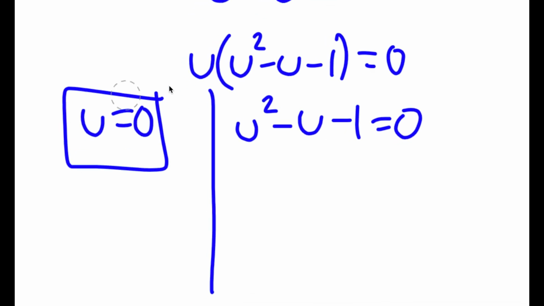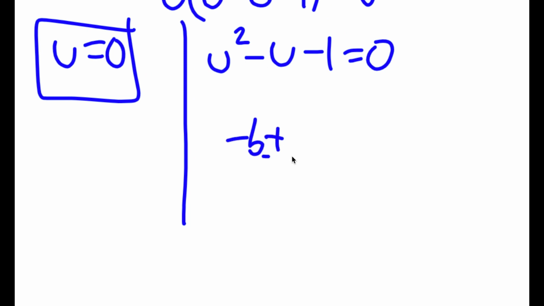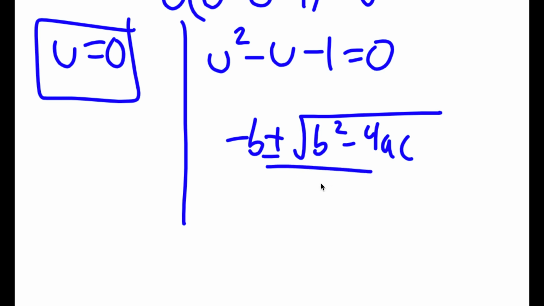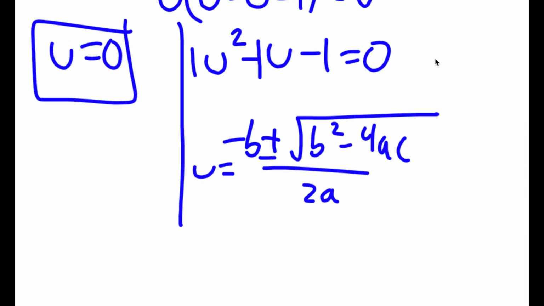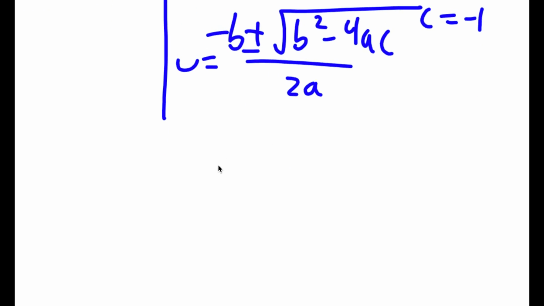So as you see, we already have one solution for u. So now to solve the other, I'm going to use the quadratic formula, negative b plus or minus the square root of b squared minus 4ac all over 2a. So in this case, a is 1, b is negative 1, and c is negative 1.